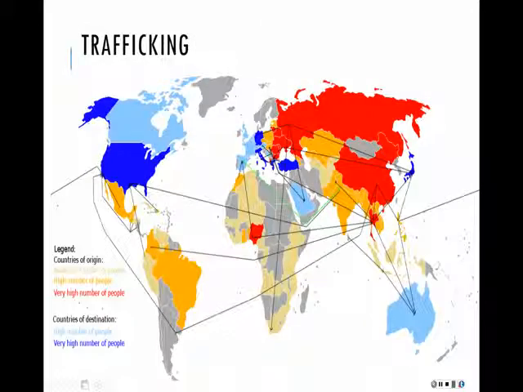And if we think about trafficking today, and then we'll take a quick break, you can see the countries of origin are in red, where there is a very high number. So you have trafficking of Chinese, Eastern European is not uncommon, part of Southeast Asia, and then we have some trafficking of individuals from Latin America, India.